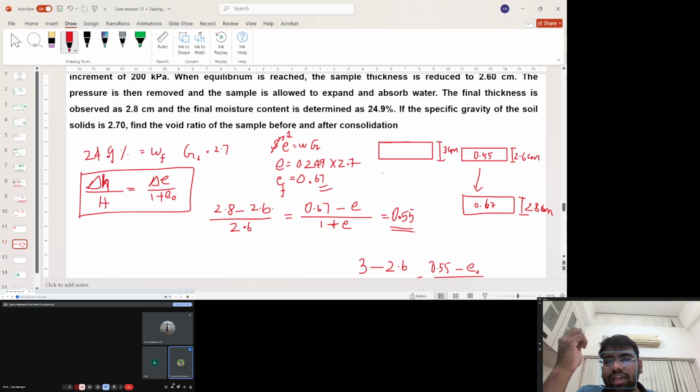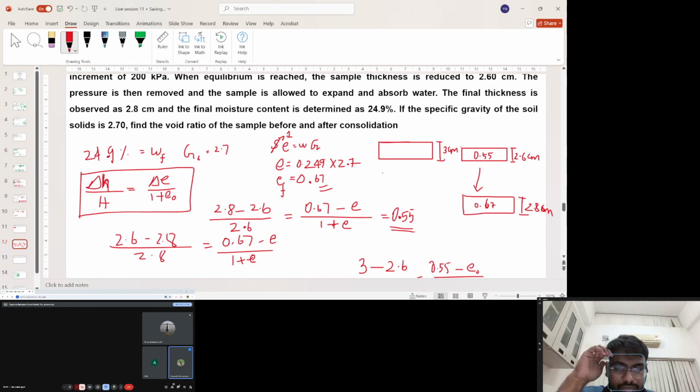We are comparing final minus initial by initial. So it should be 2.6 minus 2.8 by 2.8 is equal to final void ratio 0.67 minus initial void ratio e by 1 plus e. This is where we have made the mistake.